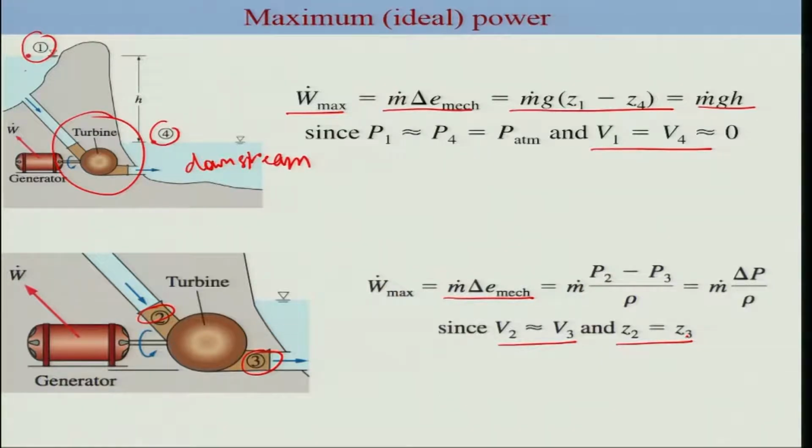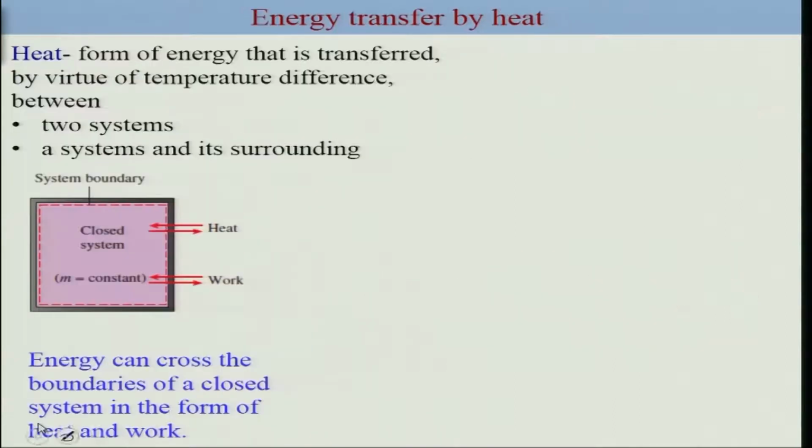This is because, from the viewpoint of scale, the change in this Z is small compared to what we have shown in the difference between the reservoir heights. So this will simply be written as the change in pressure across the turbine, because the rest of the components are going to be 0. So this is the application of your mechanical energy.